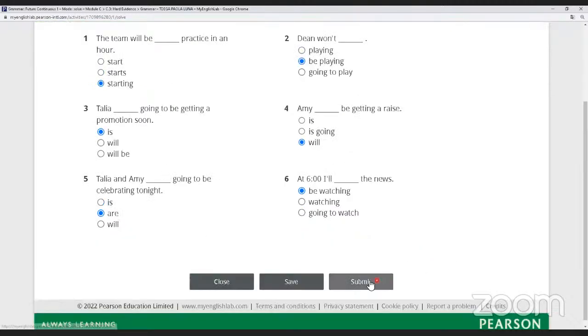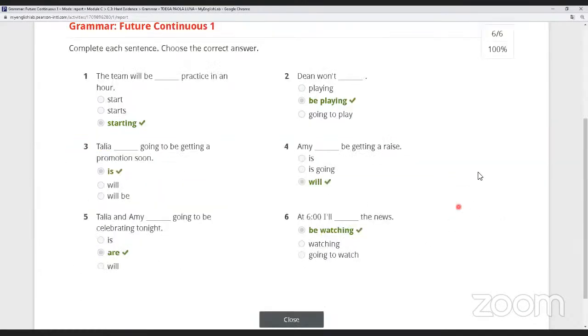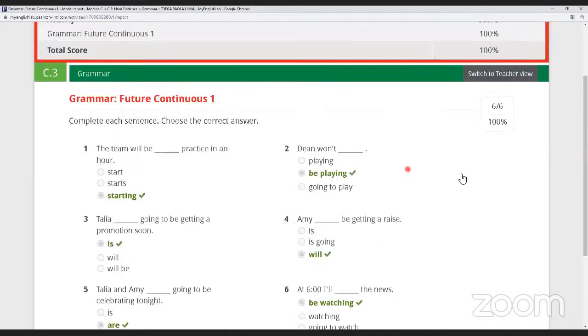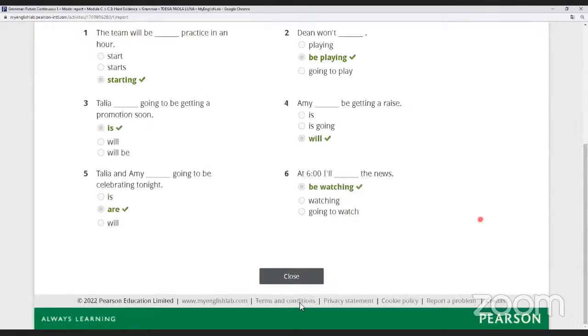Okay, great. So let's submit and let's see the answer. Okay, it was great. You got 6 out of 6, right? 100%. Congrats. Is there any question until this part? No, Miss. Great. So let's continue with the next practice.